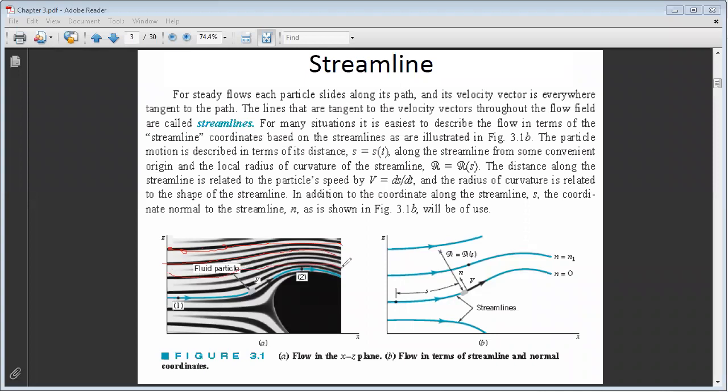So imagine that you have smoke, for example, within the flow, or you can put a color sometimes. Sometimes I put colorful particles in red, let's say, to be able to visualize the flow. So if you take a picture at a certain instant, you will see lines.